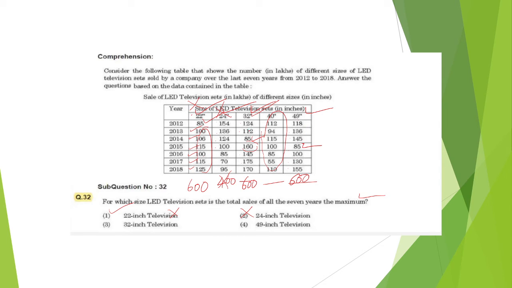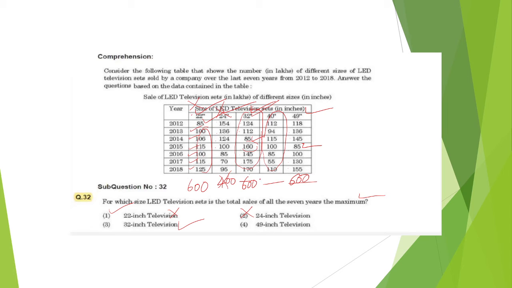But here 60, 45, 75, 70, 24, 12. If we have doubt, we can do these two calculations. But if there is no time, we can easily choose 32 inches as the maximum.